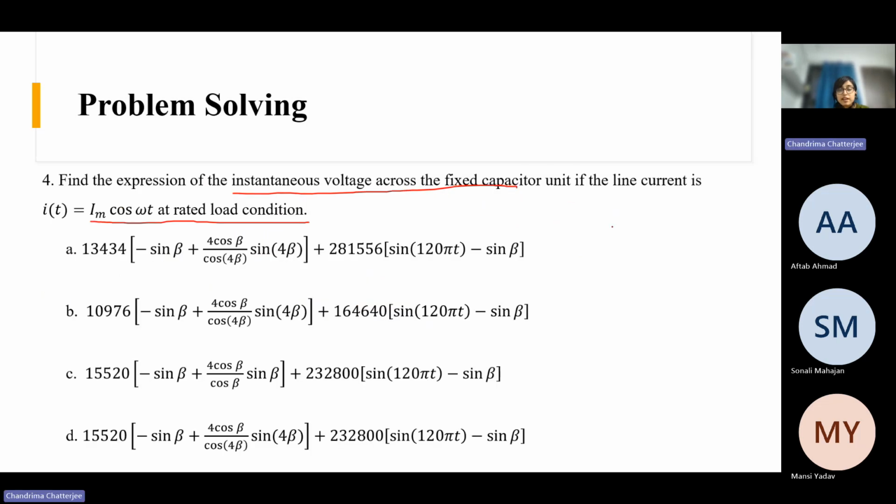So this I am not calculating. You can do it by yourself and find out. I will just say that the correct option is option C. You can verify it. Just replace the values and see whether you are getting it or not.